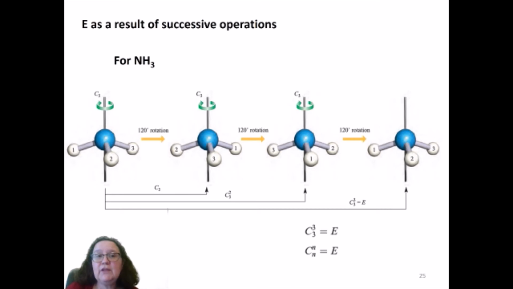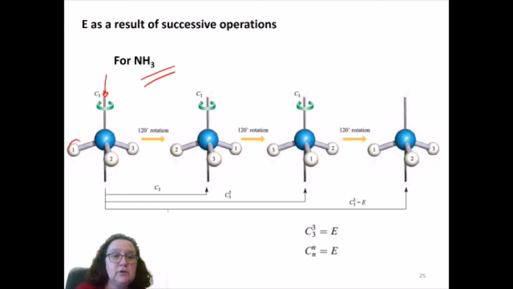The identity operator can also be reached by successive symmetry operations. For example, imagine the molecule of ammonia and think of a C3, a 120-degree rotation through an axis that goes through the atom of nitrogen. So if we number the hydrogens 1, 2, and 3, we do the first rotation, and your hydrogen 1 ends up here.